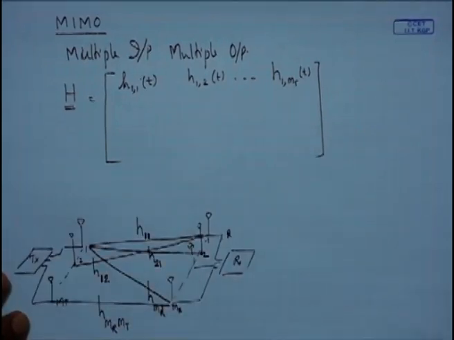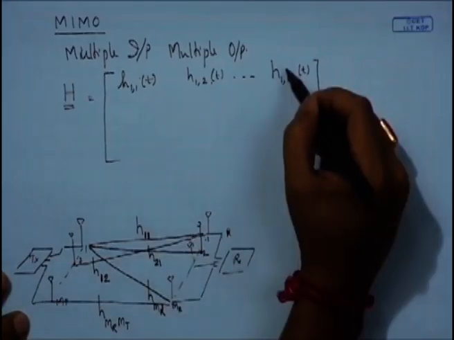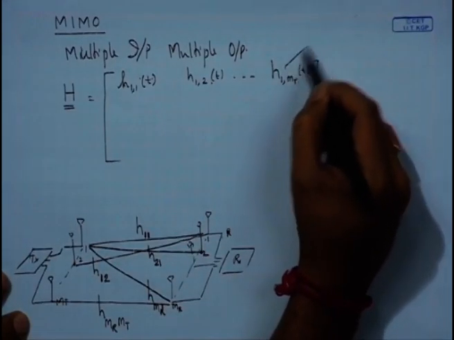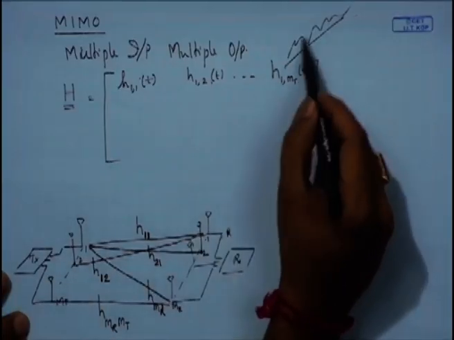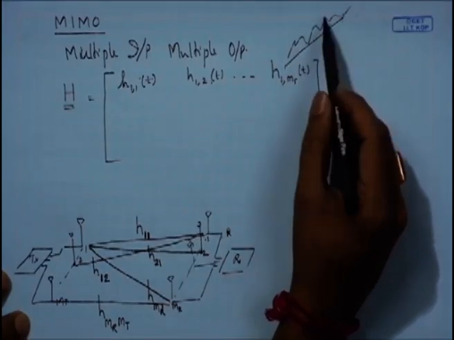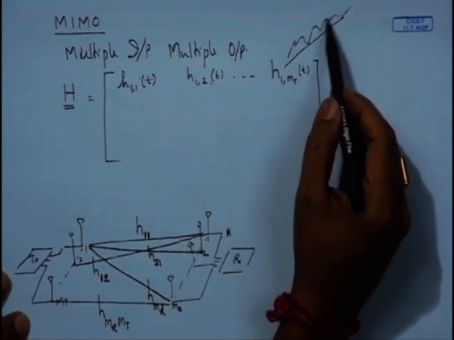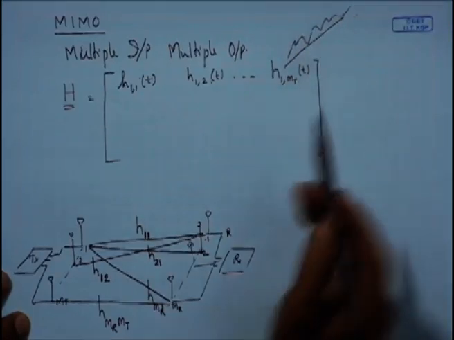Just a quick reminder at this point, we have taken these as flat fading, so they fluctuate in time. There is a time axis, they would fluctuate, right? And if you take the autocorrelation and take the Fourier transform of that, you are going to get the Doppler spectrum. Whatever you have studied would apply for these cases.